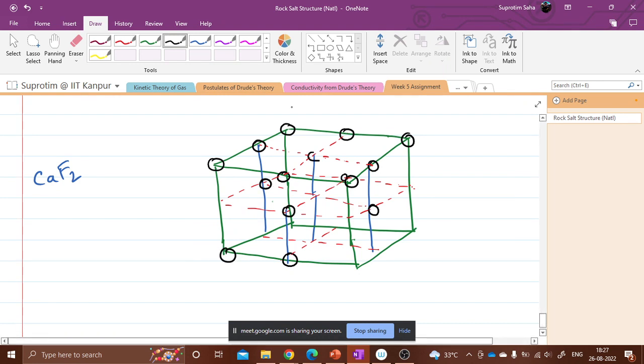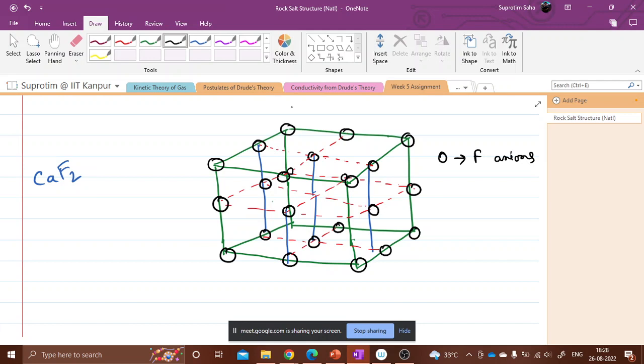So also at the faces here, here, here, and also the middle of the edges, right? So basically also the middle of the edges. Okay. Yes, so here in the background, these are the fluorine atoms.